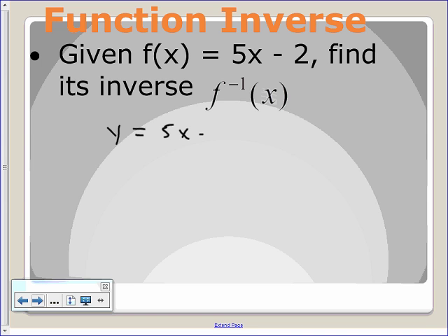Step 1, switch f of x to y. Step 2, switch x and y. Step 3, solve for y.